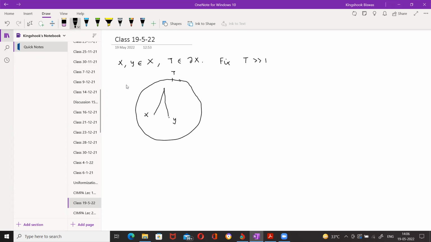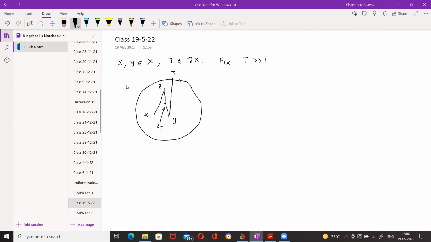Then I can take a point, say z_t here, along the geodesic from y to z, and I look at the geodesic ray from y to xi.